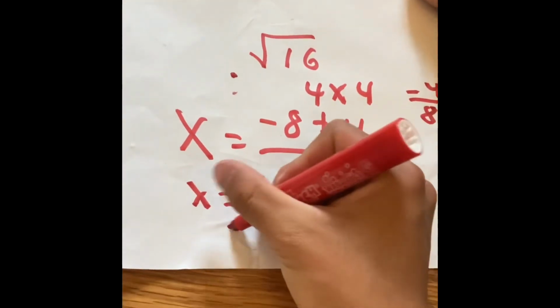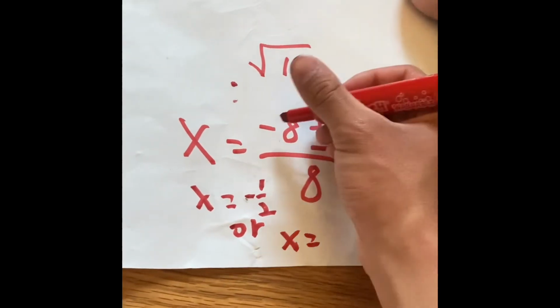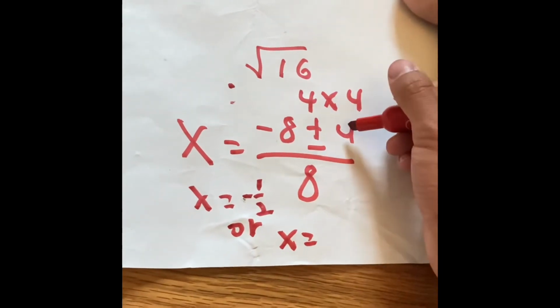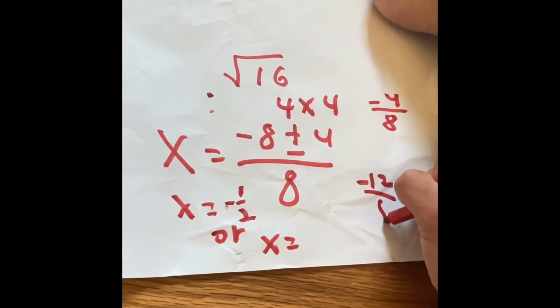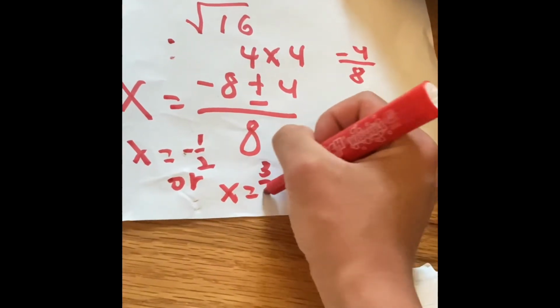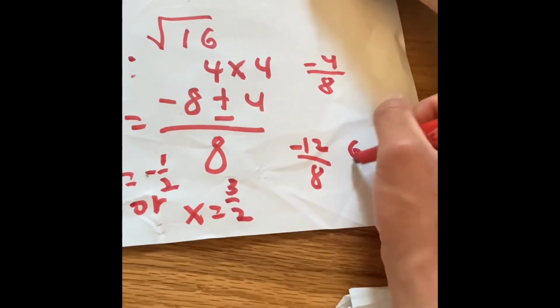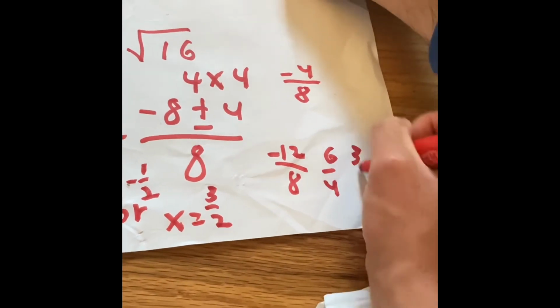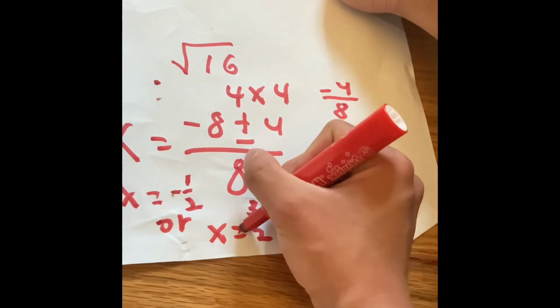The other one, because we have another x variable, is x equals negative 8 minus 4, which is negative 12. Divide that by 8, and we get 3 over 2 as a fraction, because we can divide this to turn it into 6 over 4, and then 3 over 2. But instead of a positive, it's a negative 3 over 2.